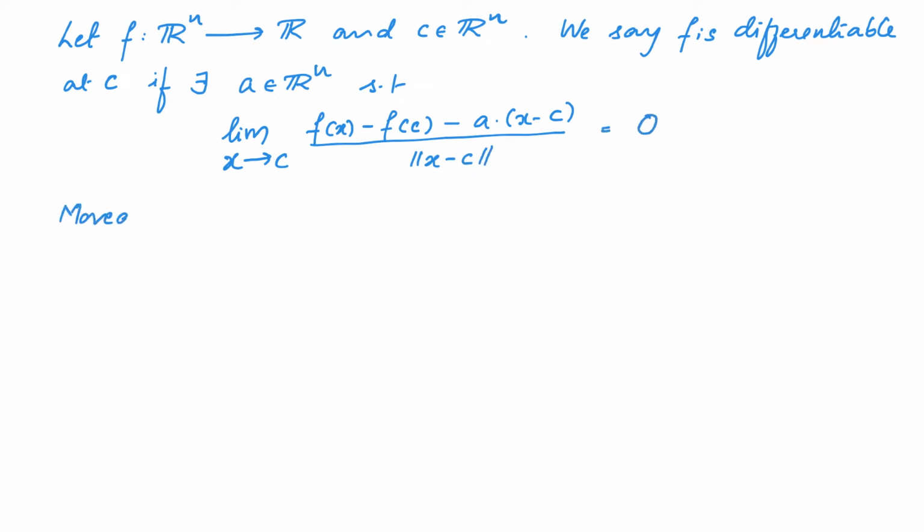Moreover, if such a vector a exists, then the linear map L from Rn to R defined as L of x is equal to a dot x is called the derivative of f at the point c.